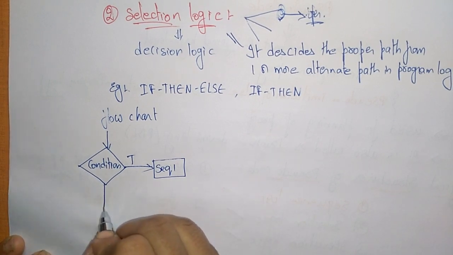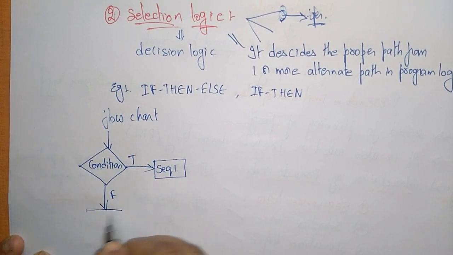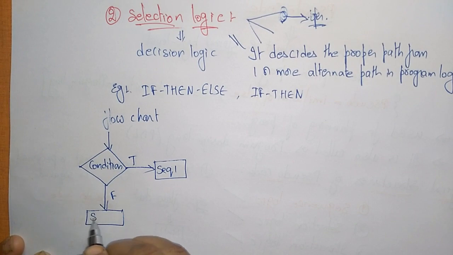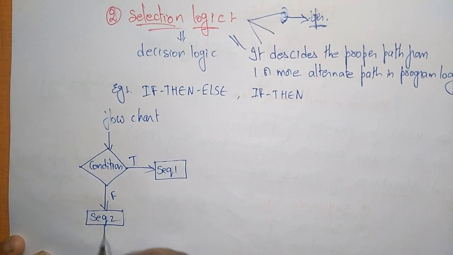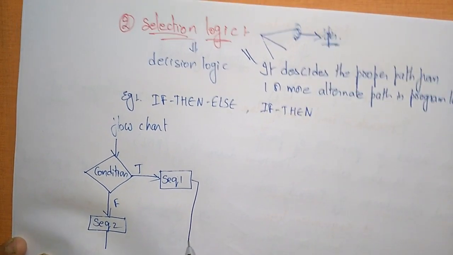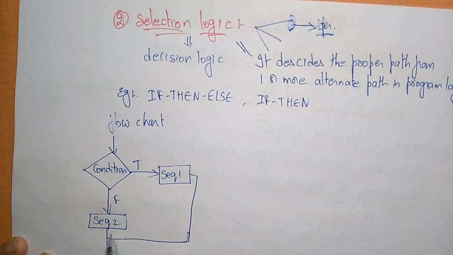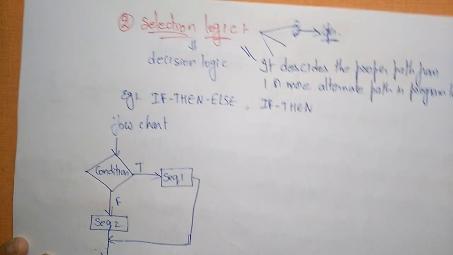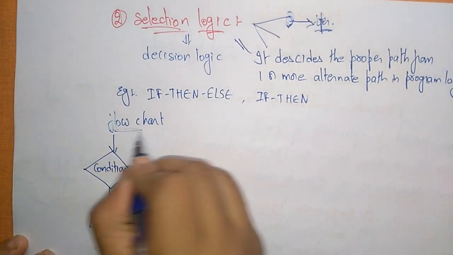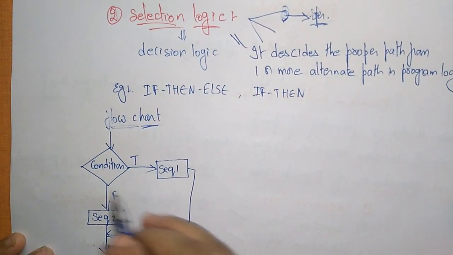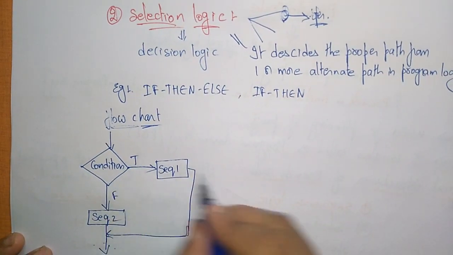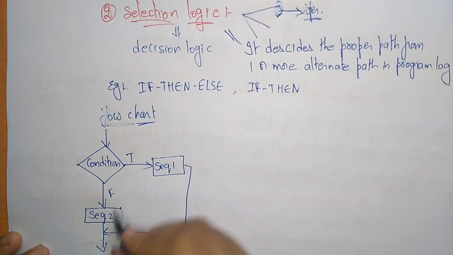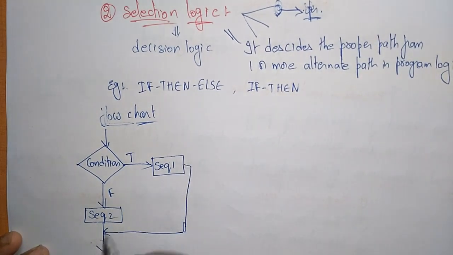If the condition is false, it goes to another sequence of statements, sequence 2. And then out. So this is the if then else. If the condition is true, proceed, else you have to check the other sequence. Either select sequence 1 or select sequence 2. Okay, this is a flowchart.